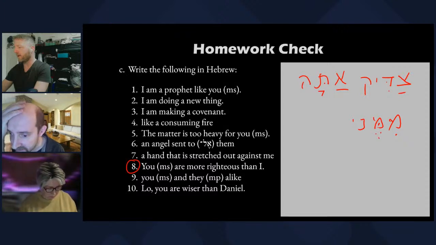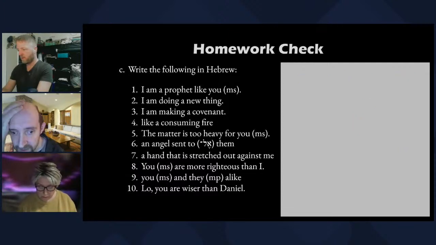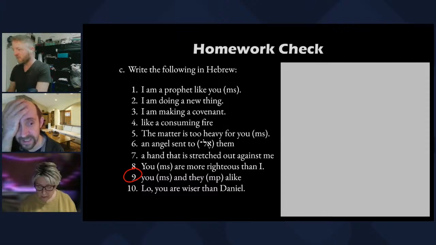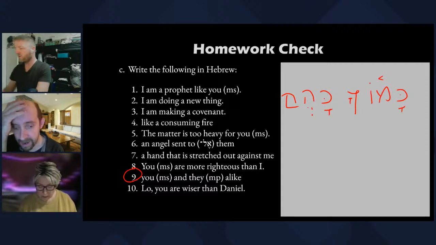Min, men, mimeni. Tzadik ata mimeni. You are right, more righteous than I am. Okay. And number 9, you and they alike. This is kaka. You and they alike. This is an ugly expression. Kamocha, kahem. Kamocha, kahem. It's an ugly expression, but whatever.